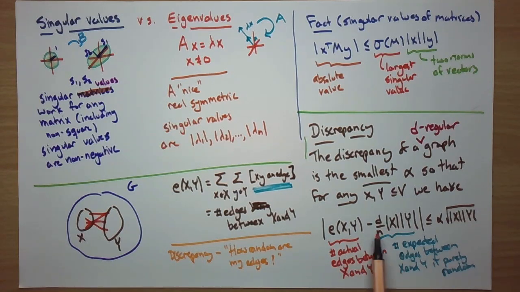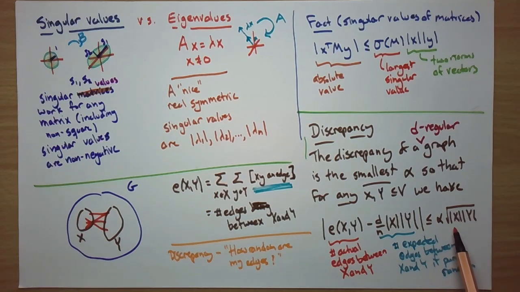A large discrepancy would say there's something which causes it to be very far. So a large discrepancy says somewhere in the graph there's big pieces where the difference between the actual number of edges versus what you should expect is a very large thing. So it's very non-random. It's a measure of randomness.